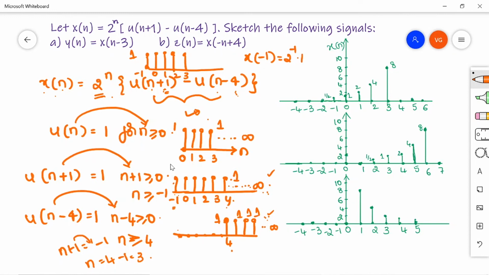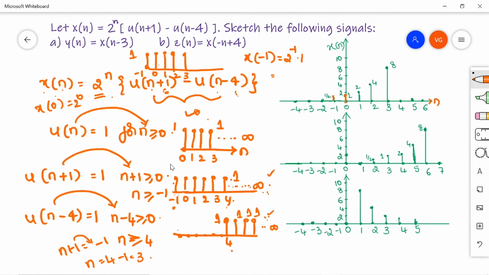So 2 power minus 1 multiplied by 1 means 1 by 2. See here. At n is equal to minus 1, I have given an amplitude of half. Then at x of 0 means 2 power 0 multiplied by an amplitude of 1. 2 power 0 means 1. See here I am marked.